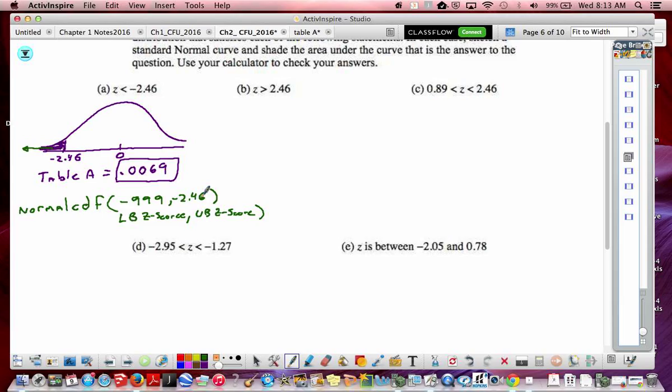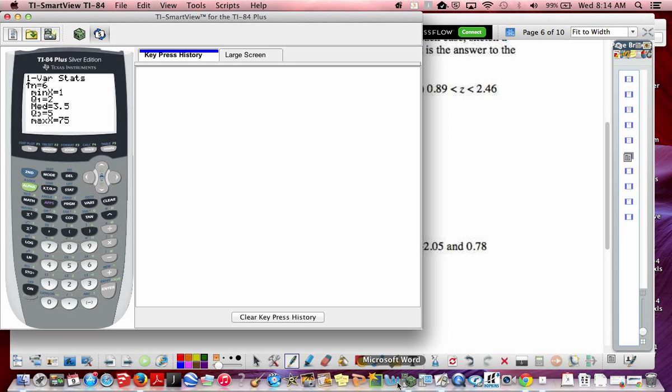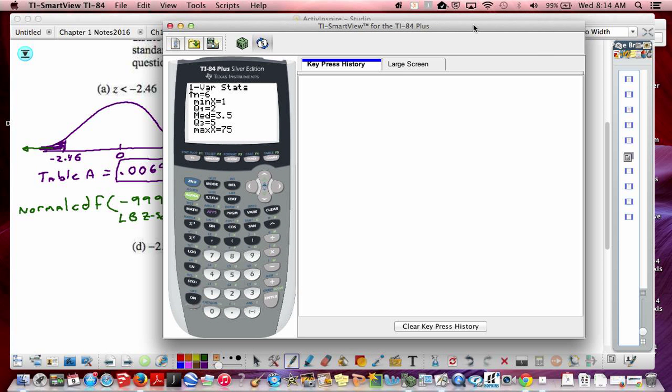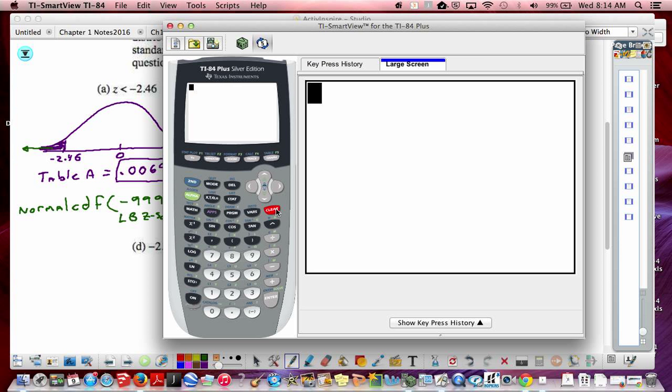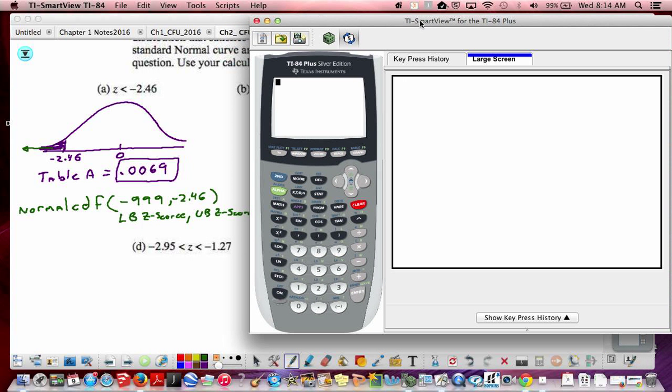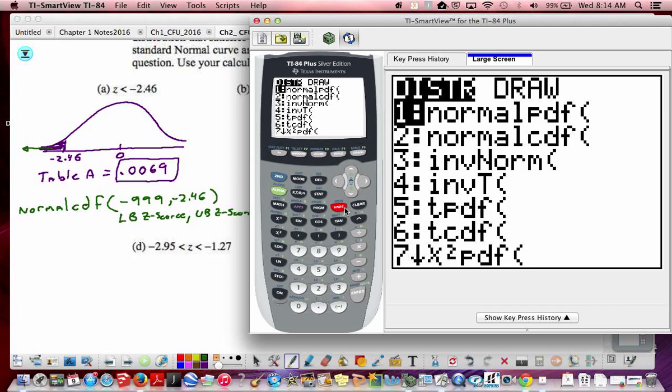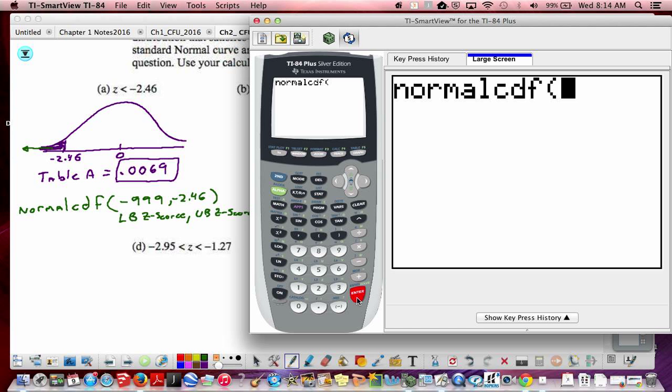So if you take out your calculator, see here it should pop up. There it is. So I'm going to go to the large screen here. We'll clear this out. So I want to enter in normal CDF. So second vars gets you to this distribution menu. We want the distribution menu because we're doing a normal distribution. We go down to number 2, normal CDF.